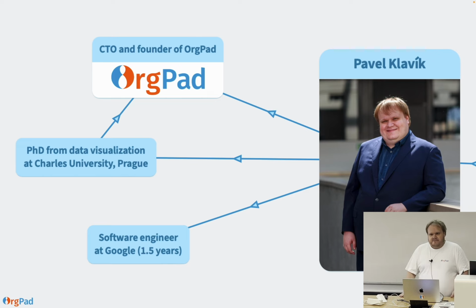It was a great experience, and it's also a great place to make a lot of savings quickly. So when I left Google, I was able to bootstrap my work on OrgPad completely from savings. So this was great altogether.